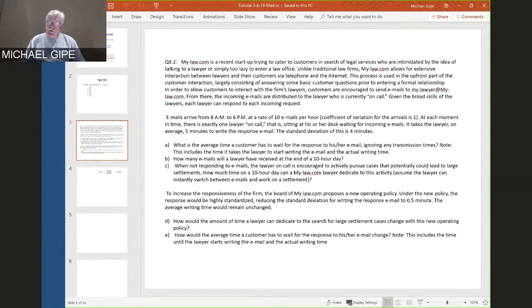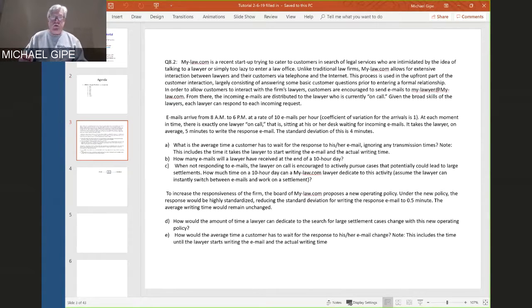Processes used in the upfront part, largely consisting of answering some basic customer questions prior to entering a formal relationship. A lot of detail here you don't need. Customers are encouraged to send emails to mylawyer@mylaw.com. From there, the emails are distributed to a lawyer who is currently on call. Given the broad skills, any lawyer can respond to each incoming request.